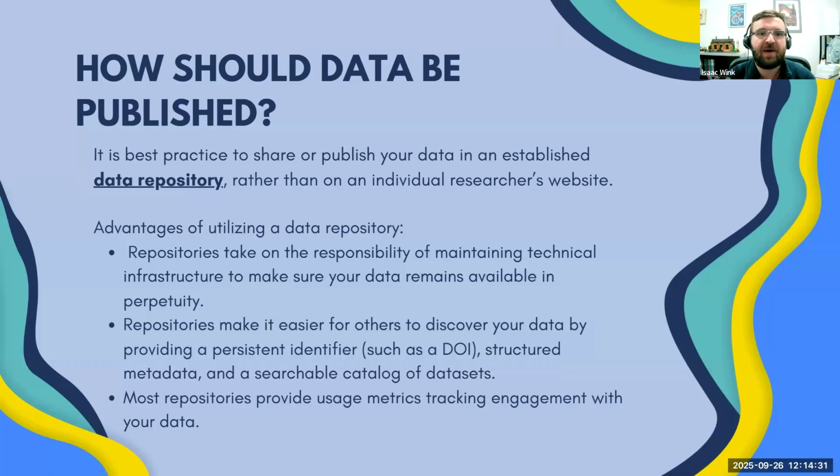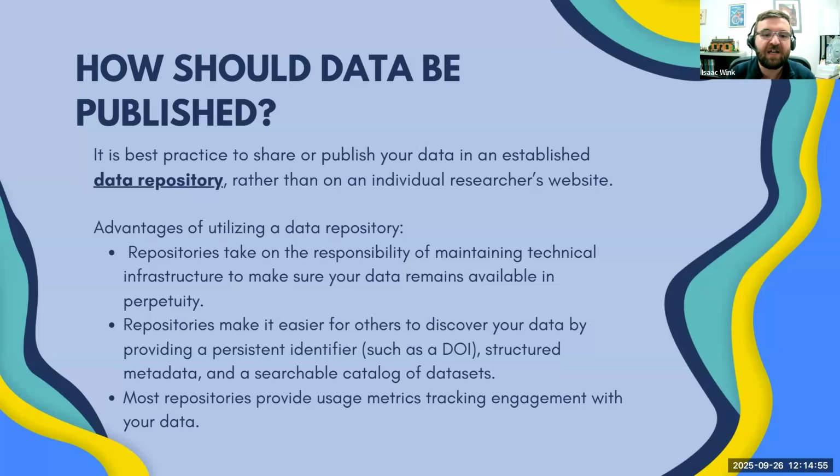Additionally, a lot of repositories, including some of the ones we'll show today, allow you to make use of structured metadata for things like author information, but also subject keywords as well. And those will make it easier for others to be able to discover your data set by searching for data sets, for example, produced by a specific researcher, or searching for them by certain keyword terms.